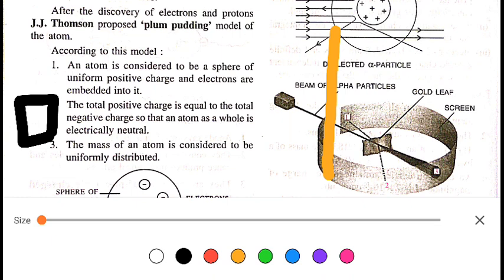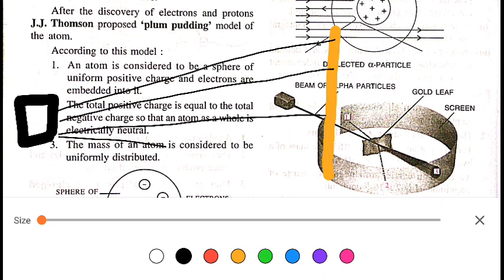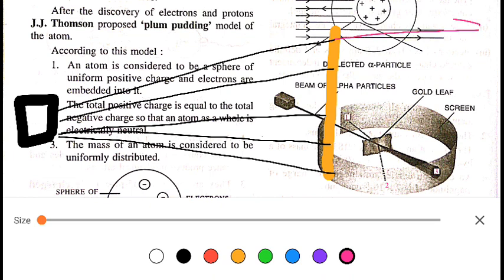When he started this experiment, he observed that when the alpha particles were going from here and striking this gold foil like this, most of the alpha particles passed straight through the foil, without any deviation.